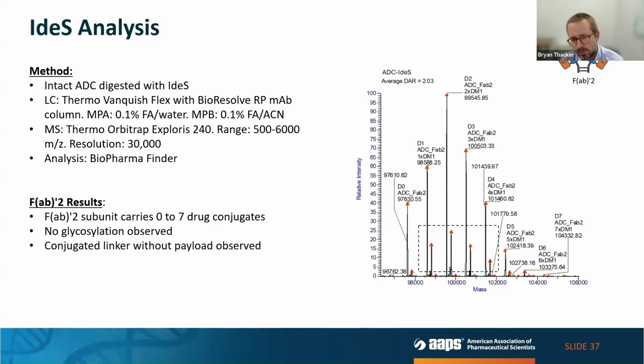For instance, the peak on the far left, the lower peak in the box, is an ADC that has 1 complete linker and drug molecule attached, plus an additional linker that's missing the payload. You'll see that pattern repeats across the mass spectra, indicating that we can have those linkers appearing in multiple different forms of the ADC.